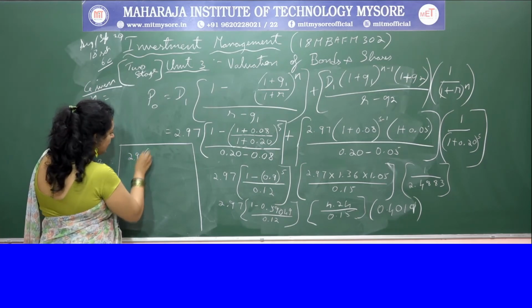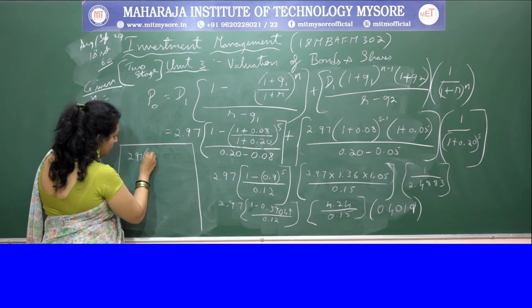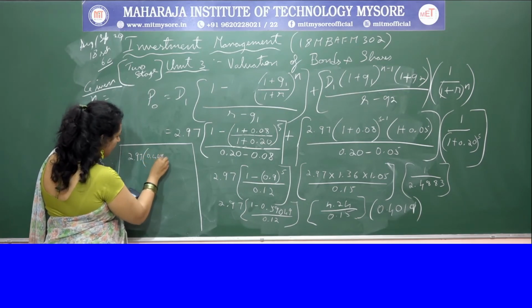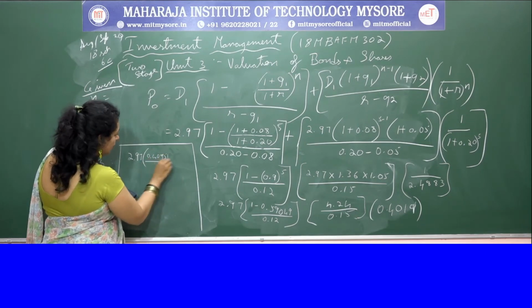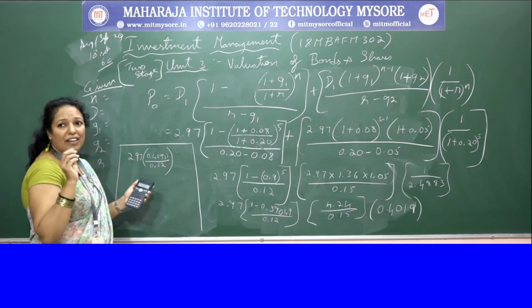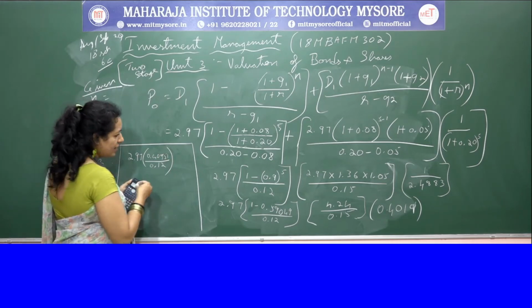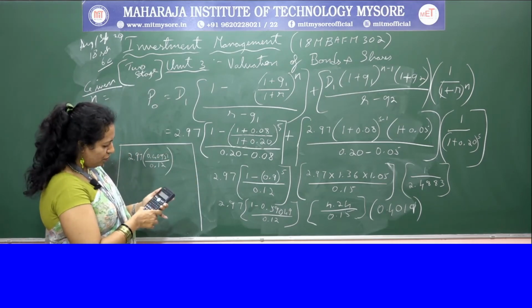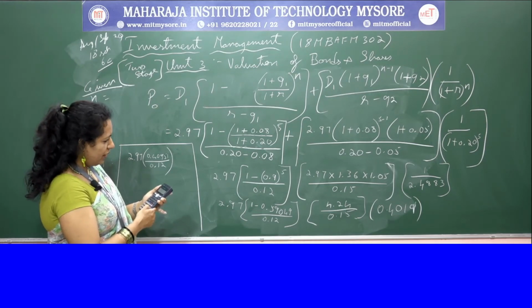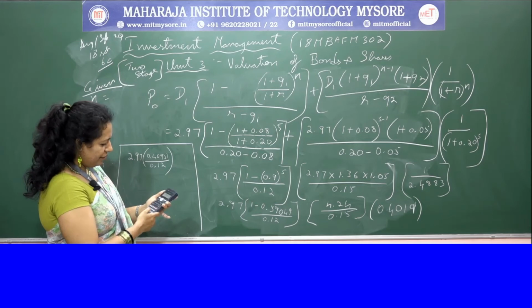2.97. I'll just open up the bracket: 0.40951 to the power of 0.12. I'll do that. Okay, after doing this, I'll just divide those two. 4.24 divided by 0.15.